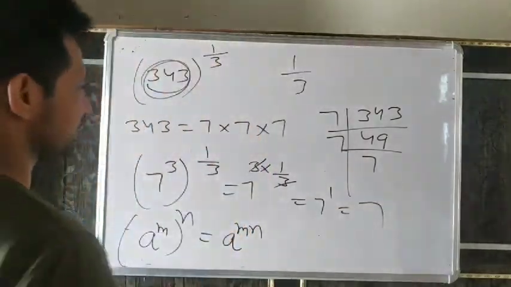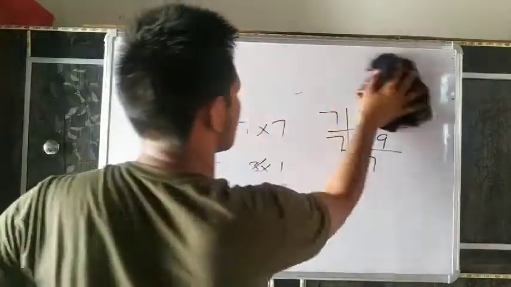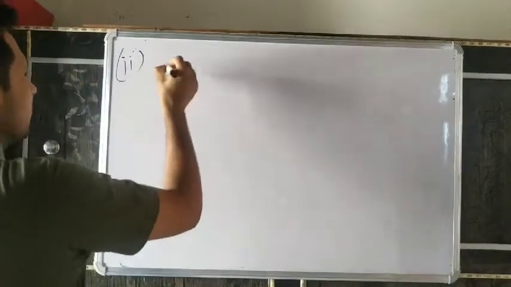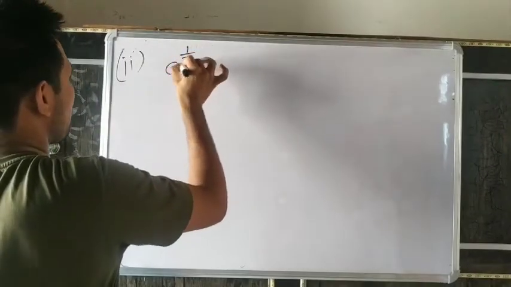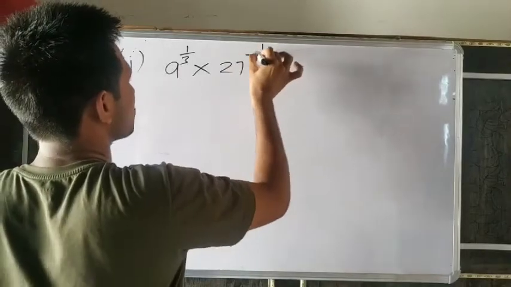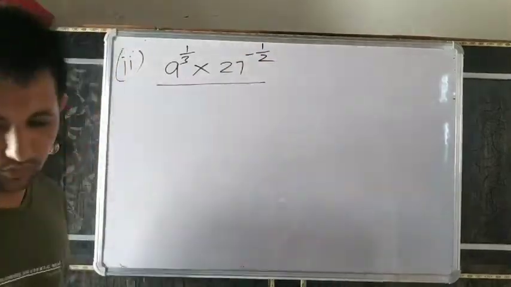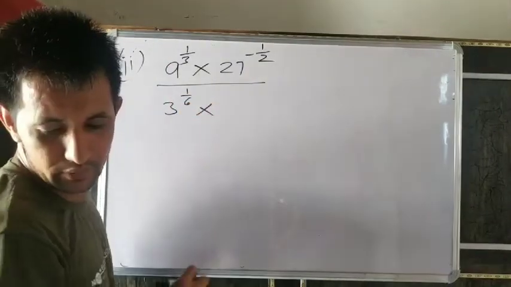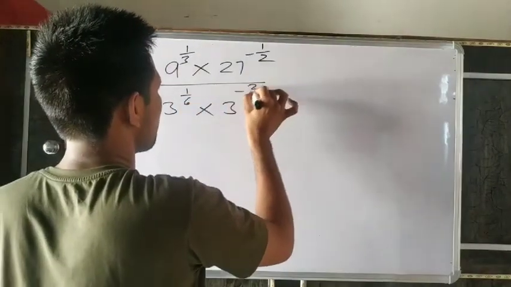Next. Most of the students write this question wrong. 9 raised to the power 1 by 3 multiply 27 to the power minus 1 by 2, divided by 3 to the power 1 by 6 and 3 raised to the power 1 by 3.